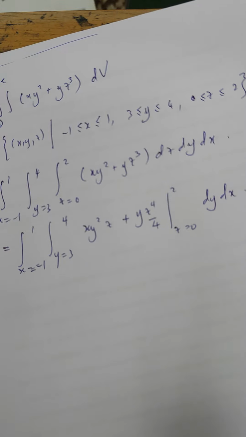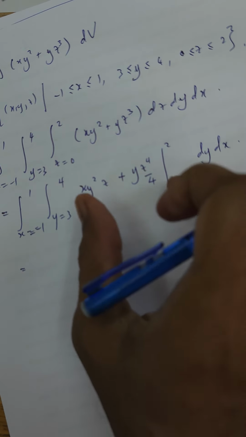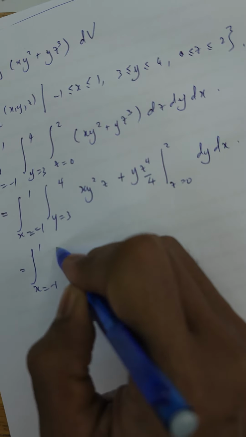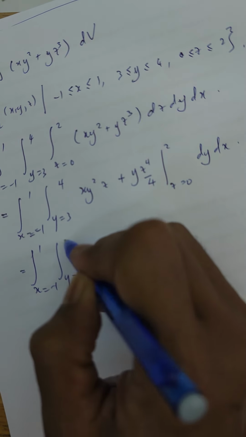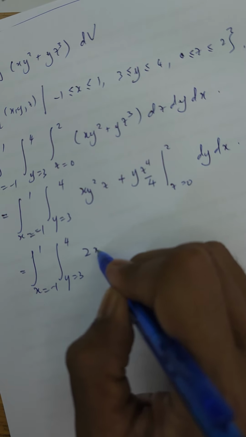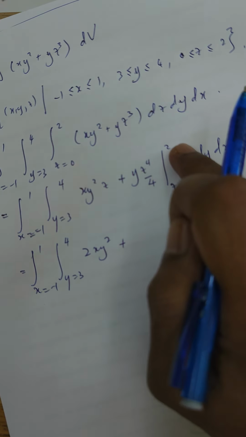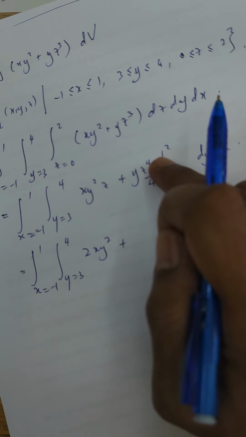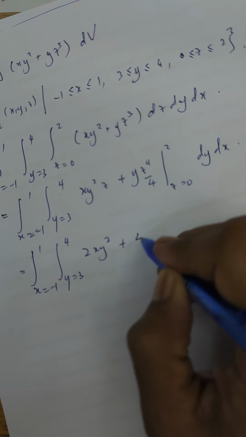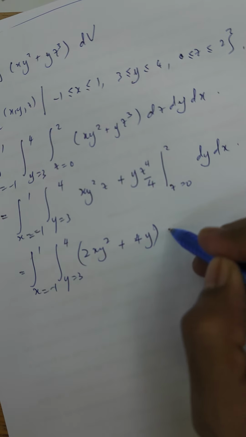Okay, so evaluate the inside of those integrals. So we have x from -1 to 1, y from 3 to 4, then we have 2xy squared, since z is 2, plus z to the 4, 2 to the 4 we got 16, 16 over 4, we got 4, so we have 4y, and minus the z at 0 gives you 0, dy dx.